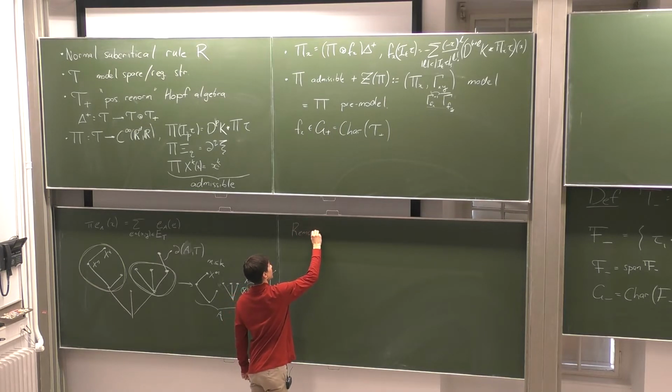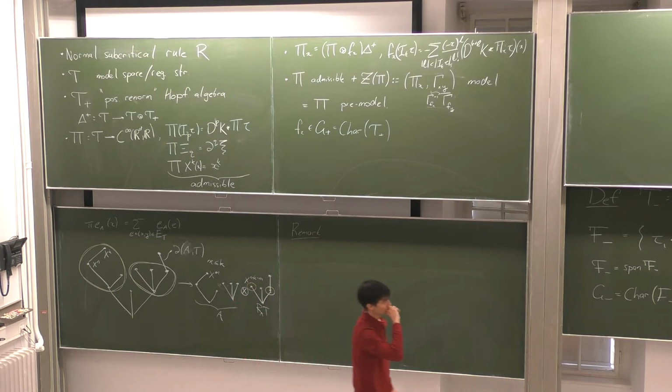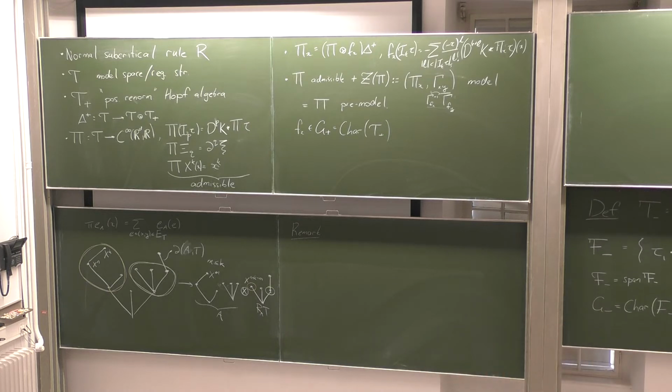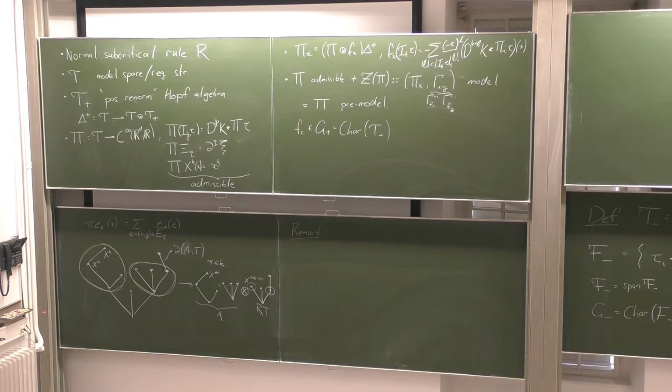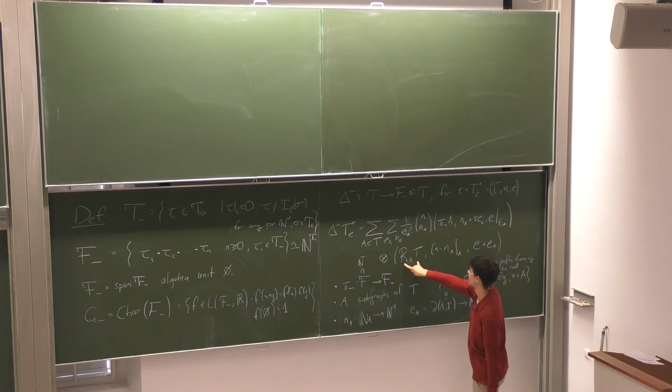Okay, so you might want to study the properties of this delta minus map, and you might like to actually show that it's actually well defined. The reason that it's not completely obvious that it's well defined is because I've contracted this tree here.